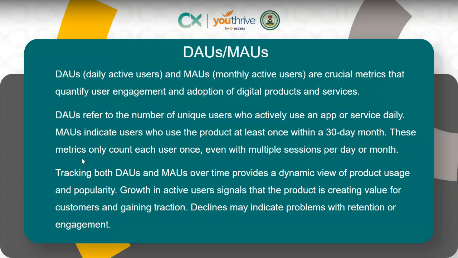This metric only counts each user once, even with multiple sessions per day. So monthly active users would only count a customer once, even if that customer has used your product multiple times that month.